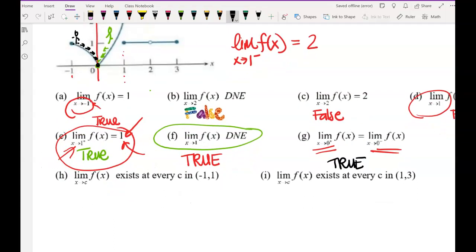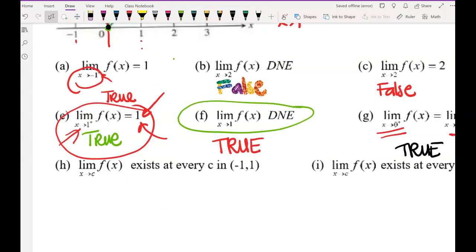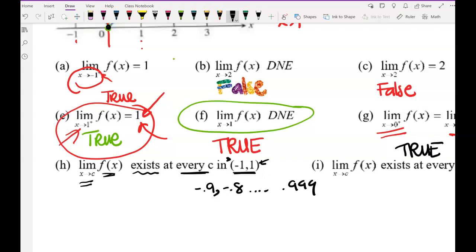H. Let's make sure we know how to read this. The limit as x approaches c of this function exists at every c value in this interval. That means c is going to be non-inclusive on both endpoints here, from -1 to 1. So it could be -0.9, -0.8, 0.99999. That's what it means by in the middle of -1 and 1, non-inclusive. Now remember, for the limit to exist, the right and left must be exactly the same.